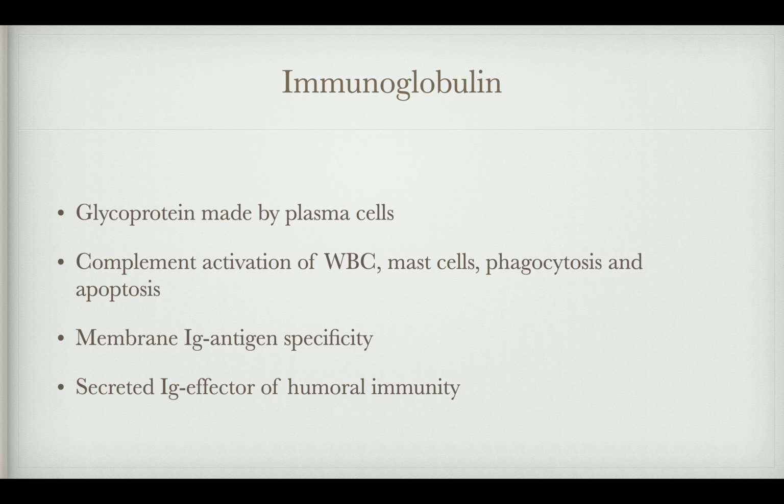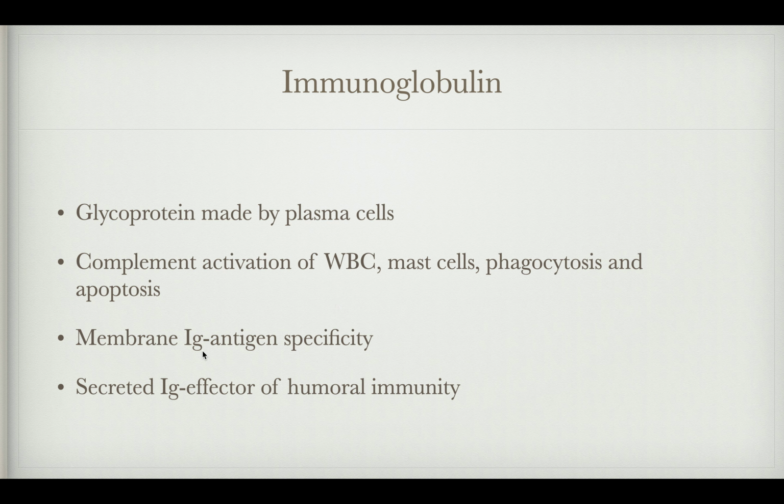So immunoglobulins are glycoproteins made by plasma cells, and they are responsible for complement activation, white blood cells, mast cells, phagocytosis, and apoptosis. And there are several different types.